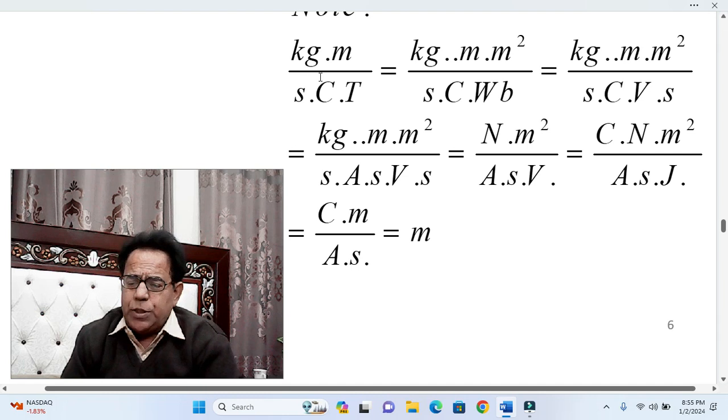These 5 units become equal to simply meter. That is to say, kilogram per second into coulomb into Tesla all become one unity.